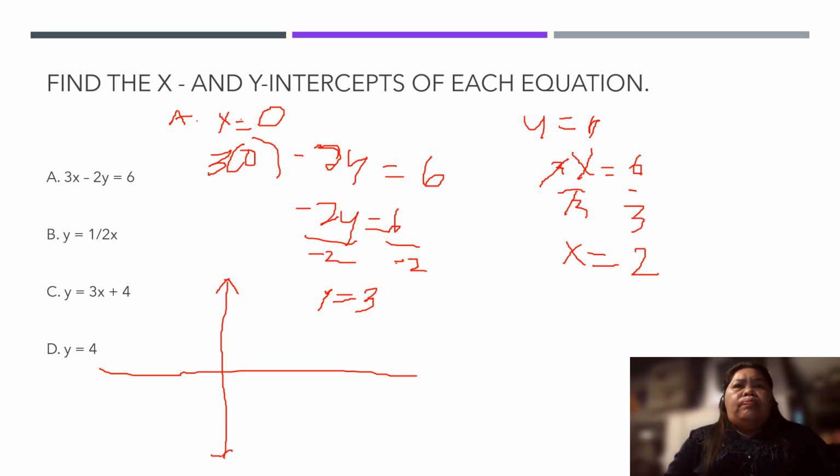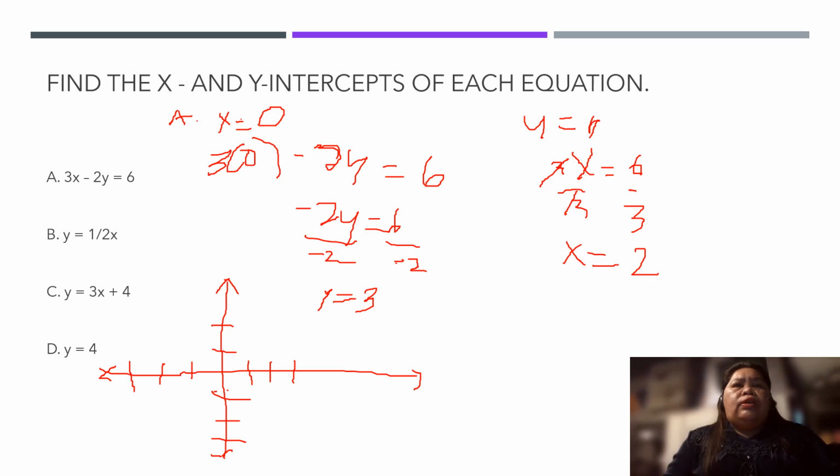For example, 0 and 3. Just imagine you have a grid here.